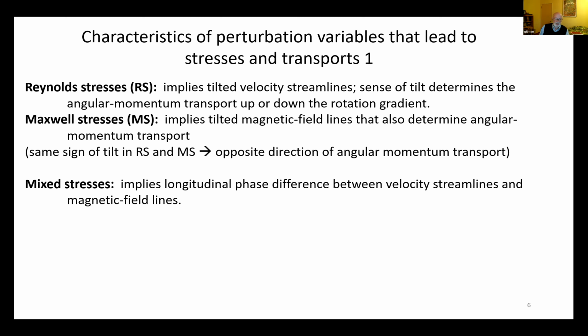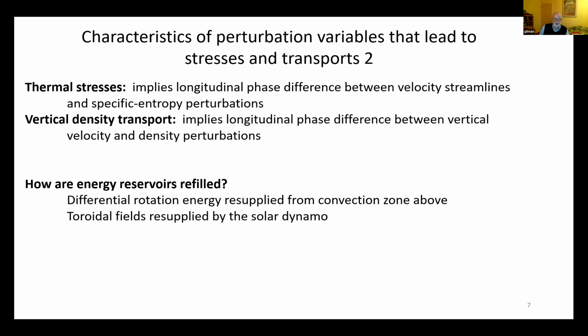And finally, with the mixed stresses between magnetic field and velocity field, that's not a tilt, that's a longitudinal phase difference between the velocity streamlines and the magnetic field lines. The thermal stresses imply a longitudinal phase difference between velocity streamlines and specific entropy perturbations, and the vertical density transport, by analogy, a longitudinal phase difference between the vertical velocity and density perturbations.